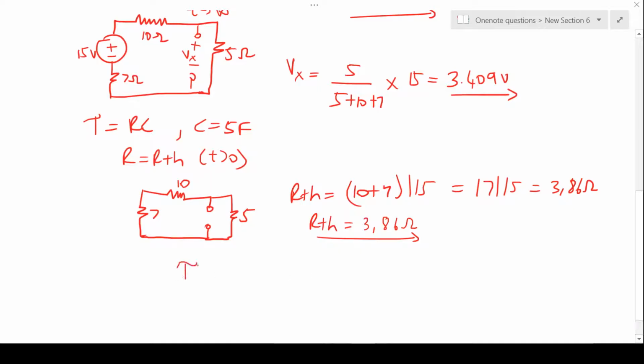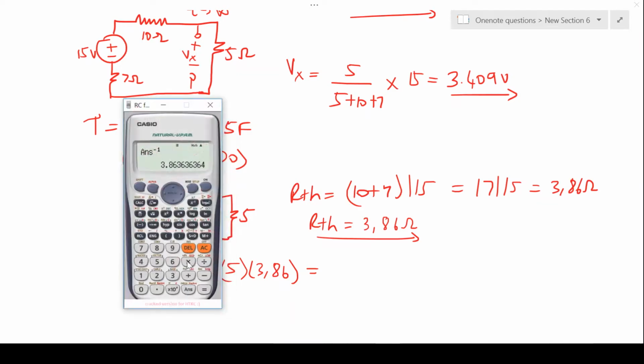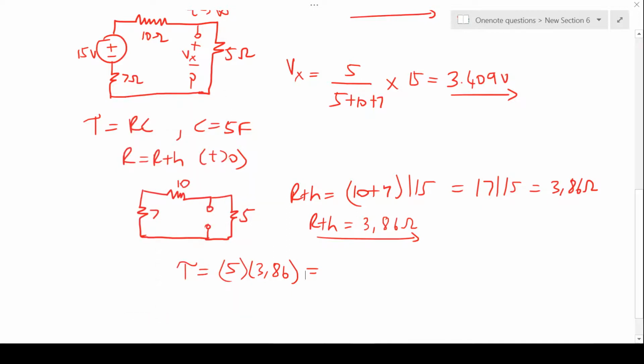Now we can get the time constant, which is going to give us 5 multiplied by 3.86, and that should give us a value of 19.31 seconds.